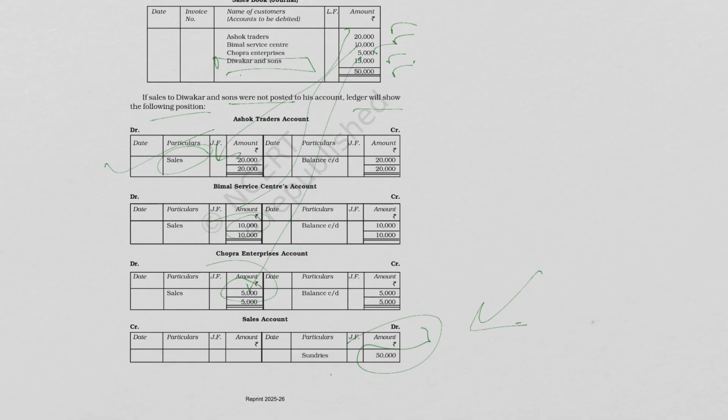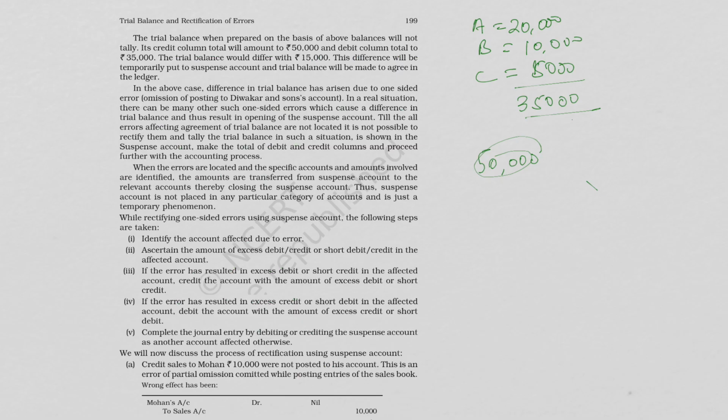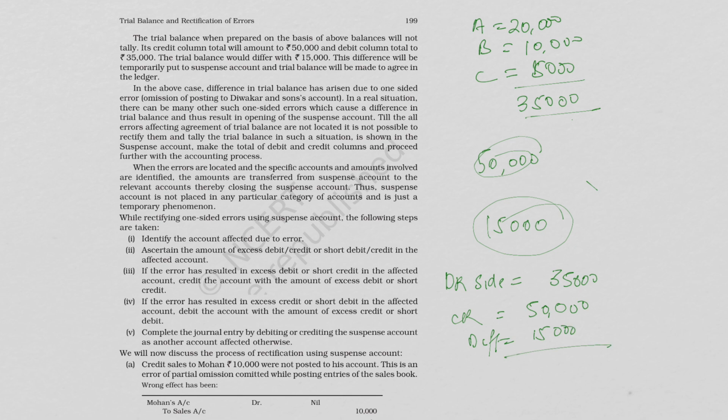So this will cause a difference of rupees 15,000 in the trial balance. The debit side total would be 35,000 and the credit side would be rupees 50,000. So the difference would be rupees 15,000. To make the trial balance agree, we'll create a suspense account of rupees 15,000.